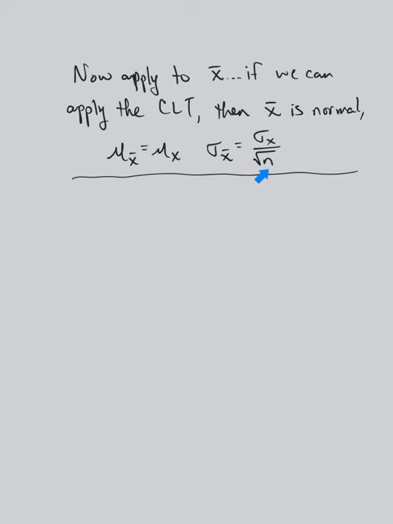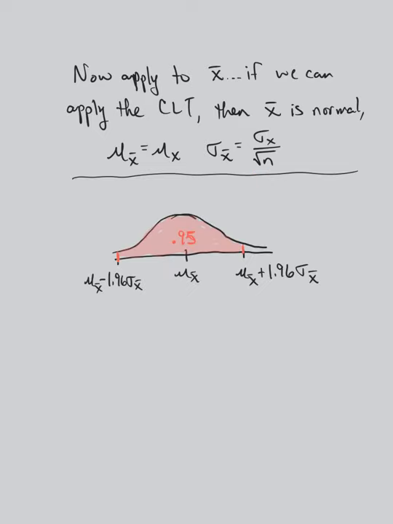We divide it by the square root of n. So now we can apply this same diagram that we used before. Here's the mean. We add 1.96 standard deviations of the variable we're talking about, but we're talking about x bar, and then we subtract 1.96 standard deviations from the mean.